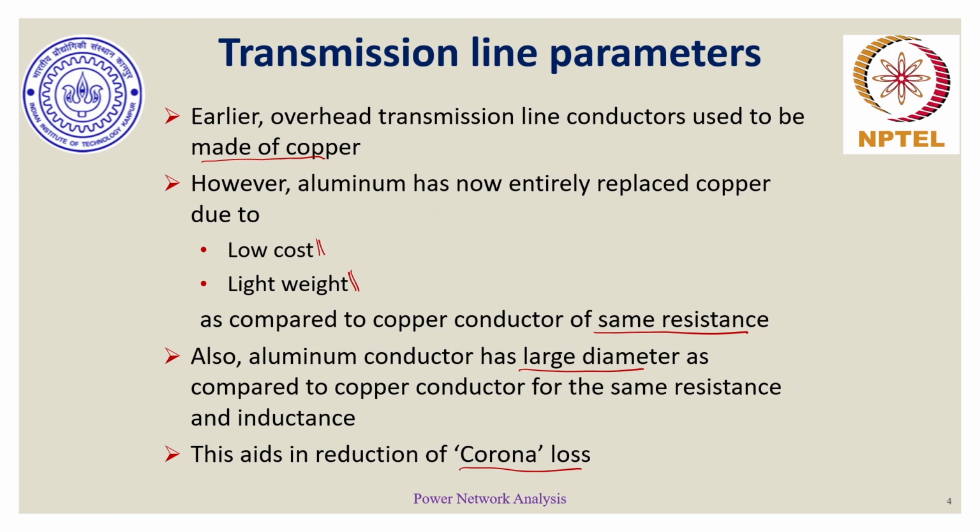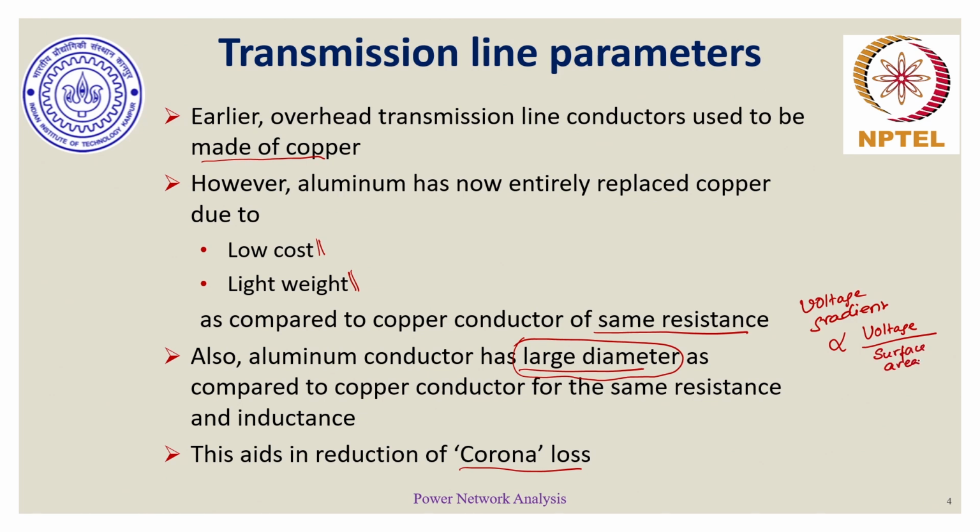Now, I mentioned that because of larger diameter, the voltage gradient on the surface of the conductor tends to be lower. Now, what is voltage gradient? So, let's briefly talk about voltage gradient for the time being. Voltage gradient in a nutshell is nothing but the rated voltage at which the line is supposed to carry the power or the current divided by the surface area of the conductor.